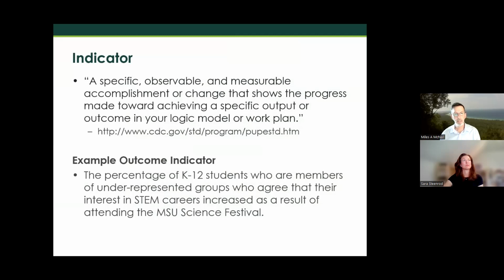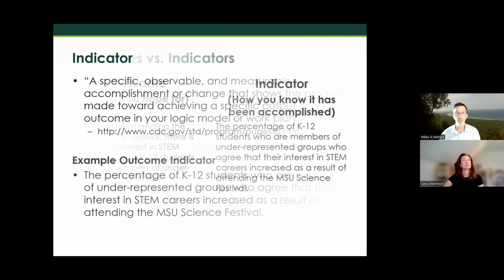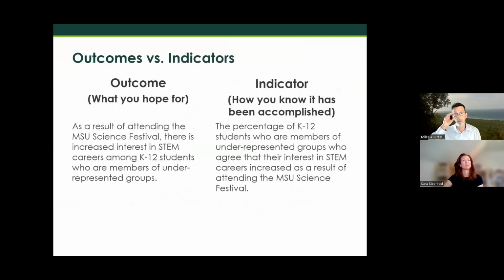So embedded within that outcome indicator is some notion now of possible methods and who the population is as well. So just to show you the difference between the outcome and the indicator, I've put them side by side here. So you can see that the indicator is much more specific. We're talking about percentage of students who agree that their interest in STEM careers increased as a result of attending the MSU Science Festival.